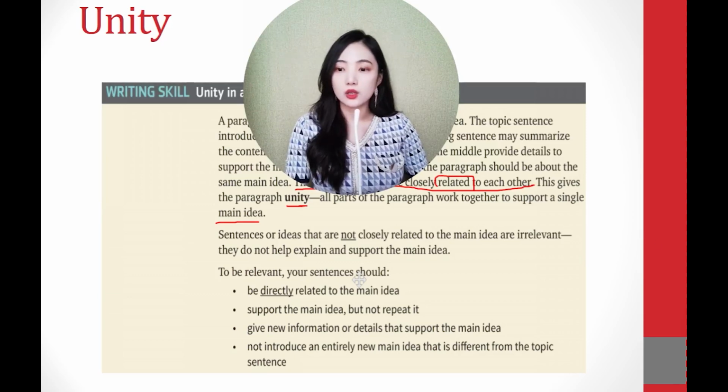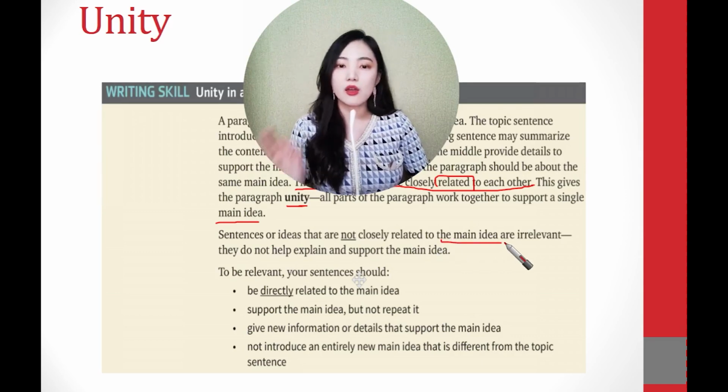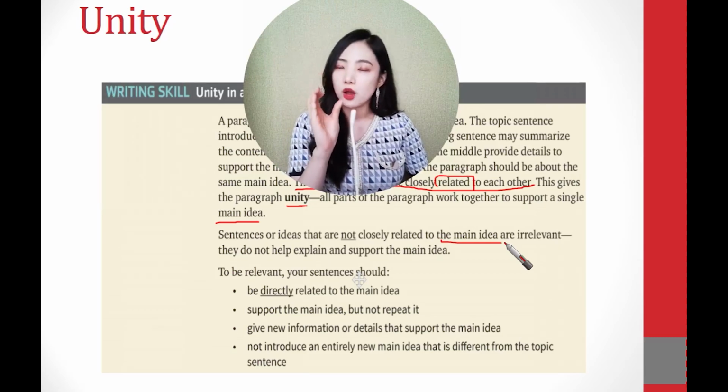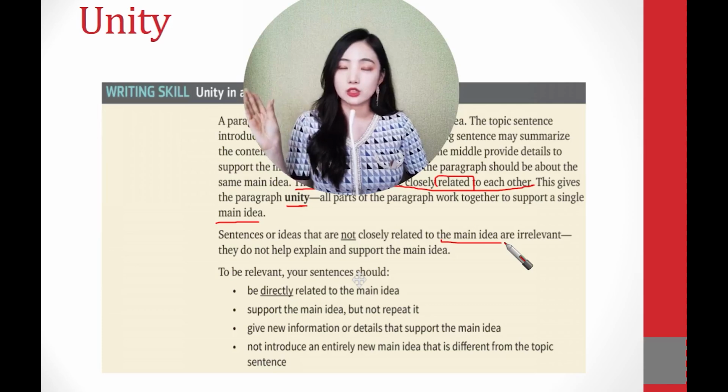So if your sentences are not related to your main idea, which is this statement, there is a problem. That means the sentences should not belong to this essay. So no matter if it's a topic sentence, supporting sentence, or concluding sentence, no matter if it's introduction, body paragraphs, or conclusion, it has to be related to one single main idea, which is this statement.